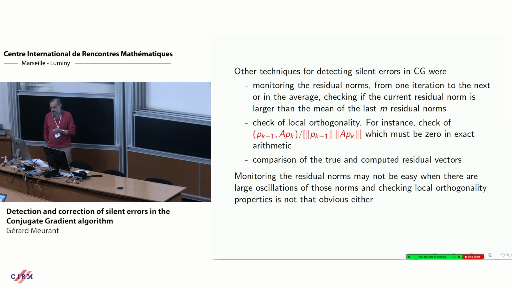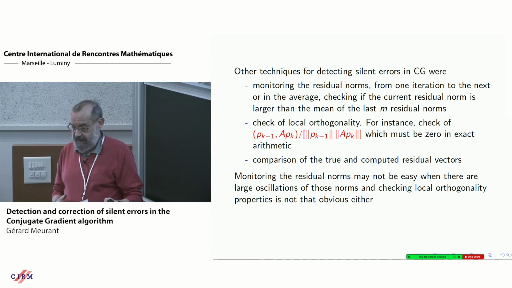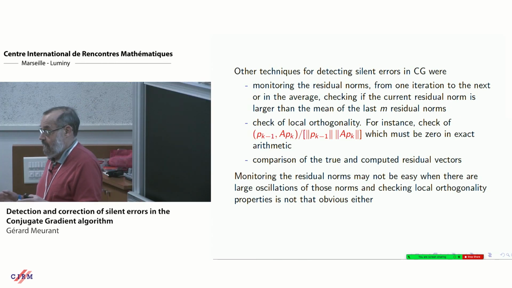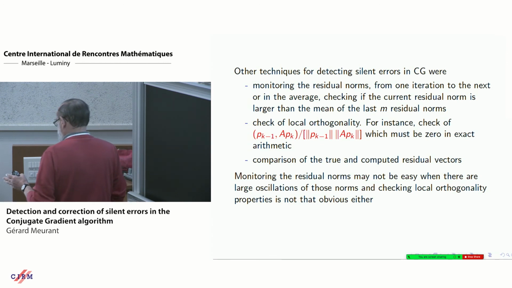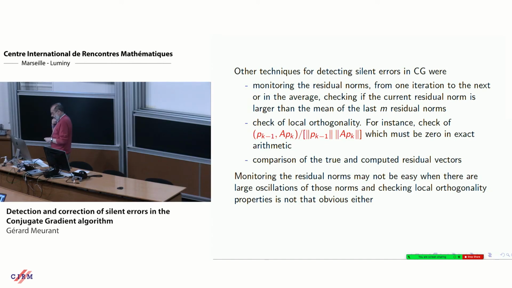Here we would like to solve a linear system, say Ax = b, where the matrix A is real, symmetric, positive definite, with the conjugate gradient algorithm. And there were some people who looked at this problem, detection of silent errors in the CG.